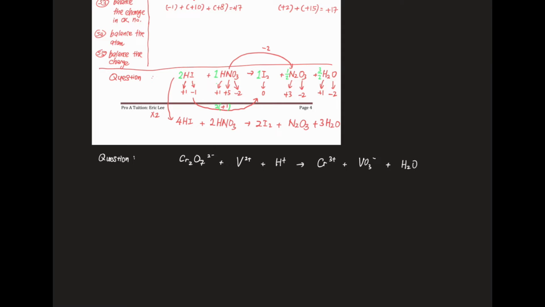Okay, so I just write down first the oxidation numbers: positive 6, minus 2, positive 2, positive 1, positive 3, positive 5, negative 2, positive 1, negative 2. These are the oxidation numbers.